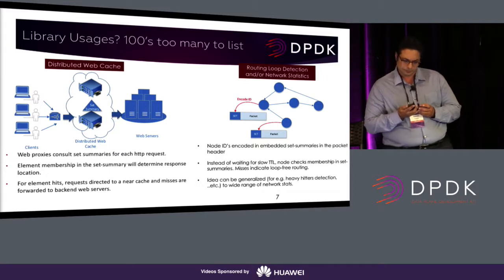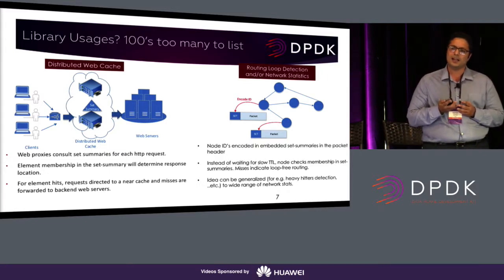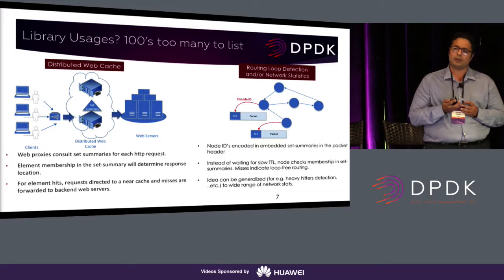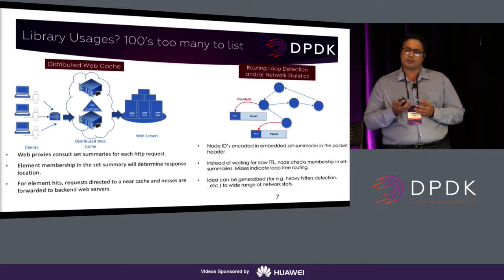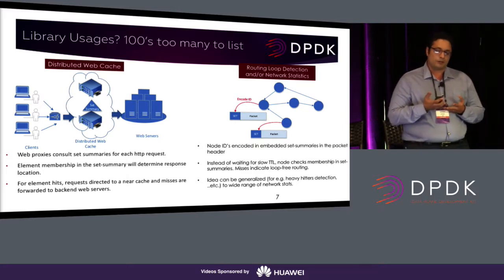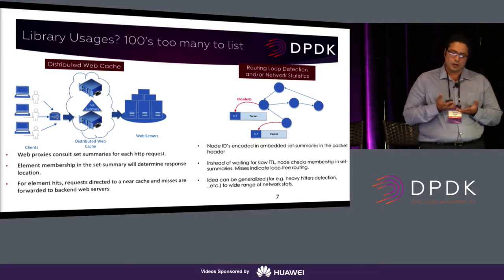Having a set summary in this front end will tell you whether this object is in the cache, and if it is, which one to go to, or whether it is in the backend server and you go to the backend server. Instead of storing the whole list of objects, you get the speed up of faster lookup and less memory to store the set.